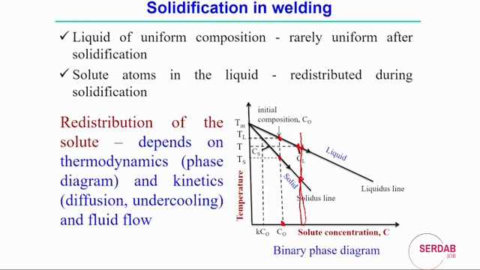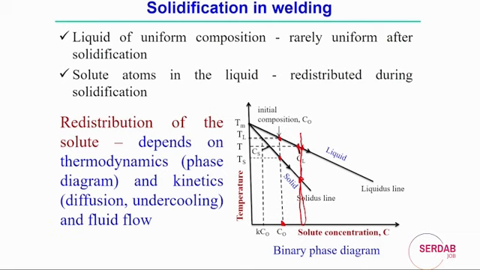So, although the initial composition of the metal is C0, between the liquidus and solidus temperatures it consists of liquid content and solid content. This solid content and liquid content can be evaluated simply in a proportionate way.